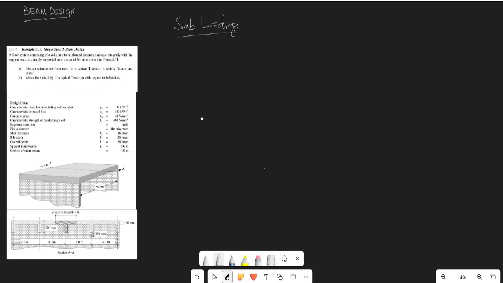So the first thing to do is to obtain our slab loadings, because the load from your slab is going to be transferred to the beam. All right, so that's a system with which we transfer our load down to the bearing strata. So the slab loading, now we have the slab own weight, and we have the thickness of the slab from the question to be 0.16.